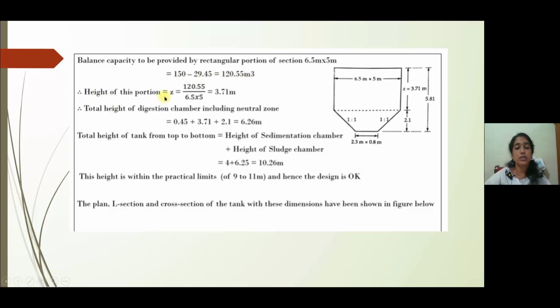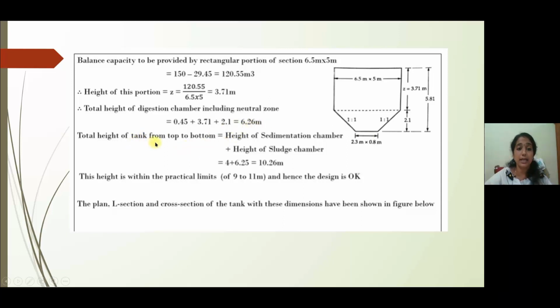Then height of this portion can be calculated, that is 120 divided by area of that section, that is equal to 3.71 meter. The total height of the digestion chamber including the neutral zone, that is 0.45, and 3.71 plus 2.1. This 0.45 is above the digestion tank depth. The total height, that is 6.26 meter.